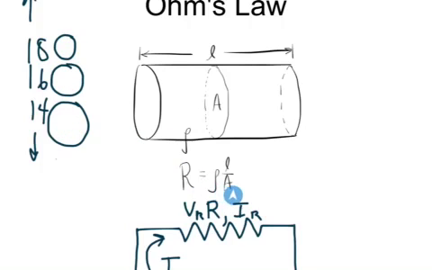So as A gets bigger, our resistance will get smaller. And if the length gets longer, it's directly proportional, that means that the resistance is going to get greater. So as the length goes up, the resistance goes up. As the cross-sectional area goes up, the resistance goes down. Okay?